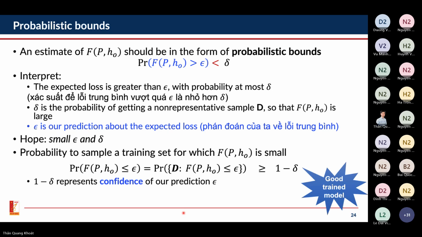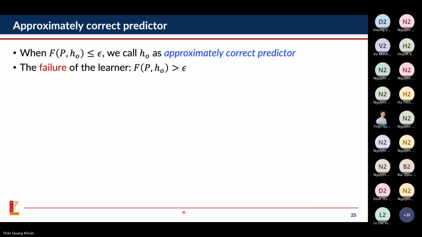Everything okay? Okay. Once we show that, we can say that S0 is an approximately correct predictor. When we do not have that result, in practice, sometimes the expected error of this model is greater than epsilon.